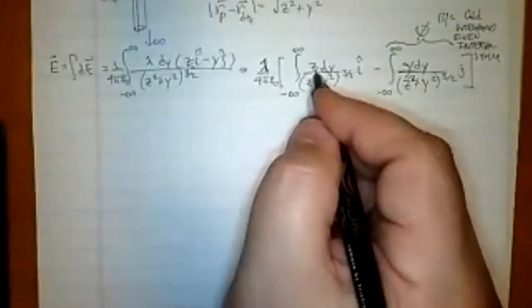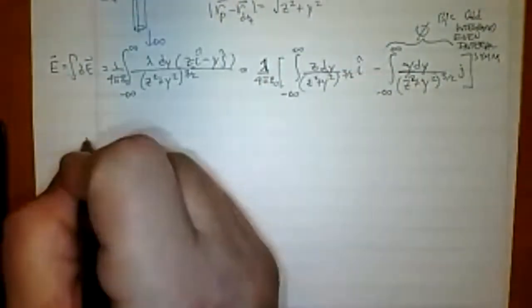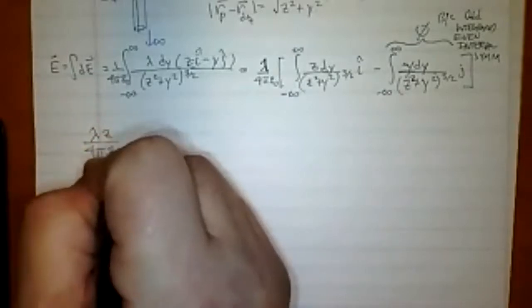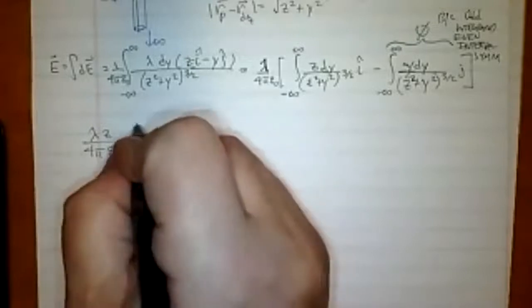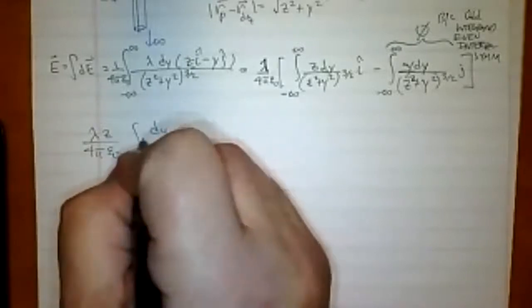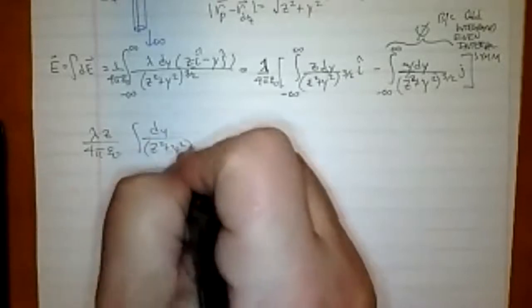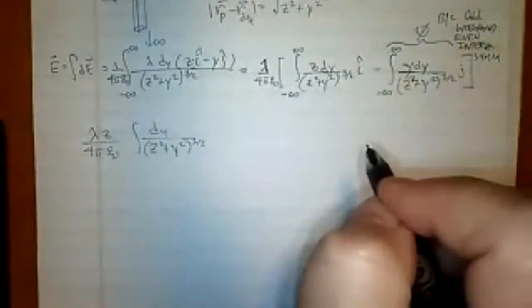So let us stop for a second and compute the other integral. Notice the z is a constant. So I'm going to say lambda z over 4 pi epsilon naught integral dy over z squared plus y squared to the 3/2. That's all that's left now since this integral's gone away.